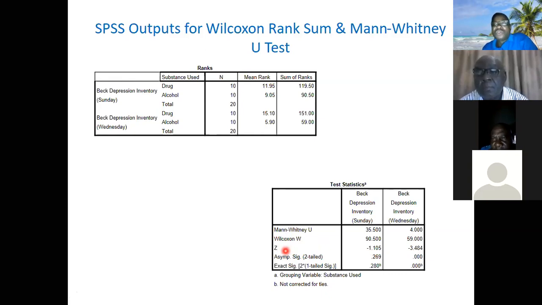Normally, if the sample size increases, the probability that it will follow normal distribution is high. So with the sample size increasing, this is the corresponding Z, but they share the same p-value. Now this one is less than 0.05, so it is statistically significant. This one is more than 0.05, so it is not significant.